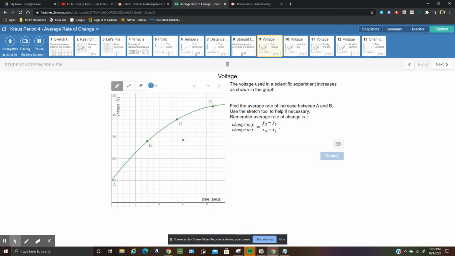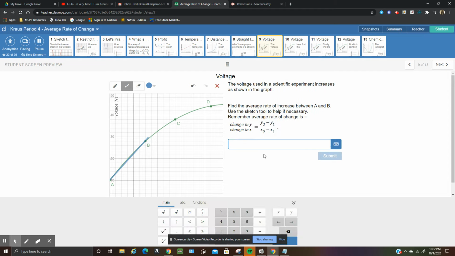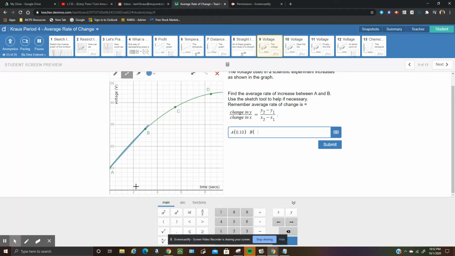All right, then they want you to find the rate of change between A and B, so I could draw a segment between those two, A to B. And then I could find the ordered pair for A. So A is at (0, 10), and B is at, let me scroll down here and see the scale.